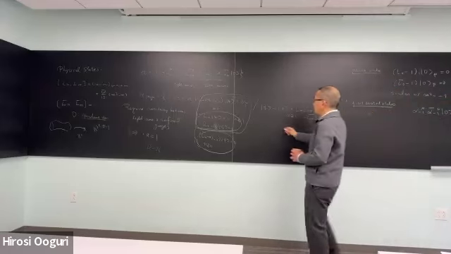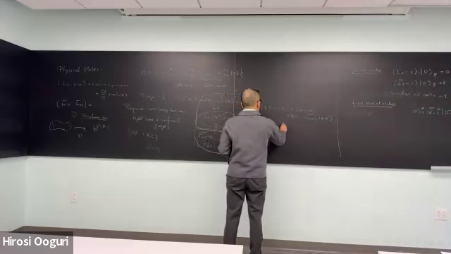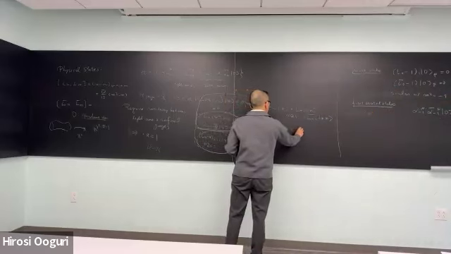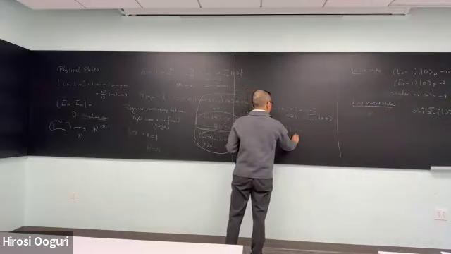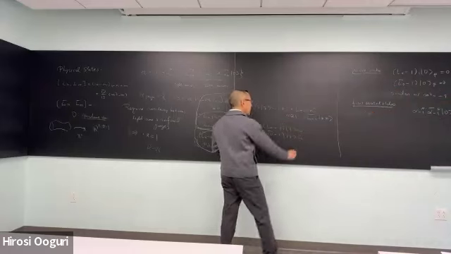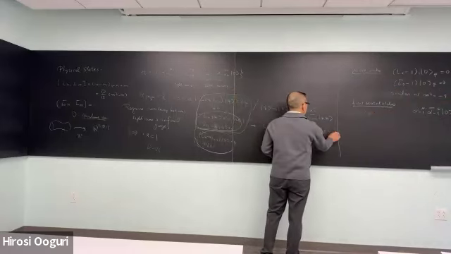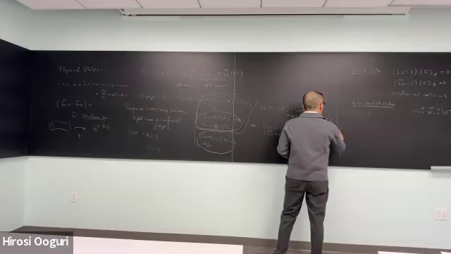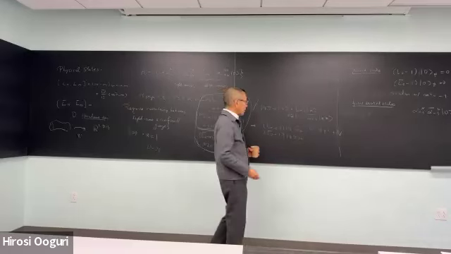This condition in particular requires that L_0 minus 1 psi is equal to 0 and L_0 bar minus 1 psi is equal to 0. But L_0 is equal to 1/2 of P squared plus the number of right moving excitations. So you count the number of excitations and that's N.